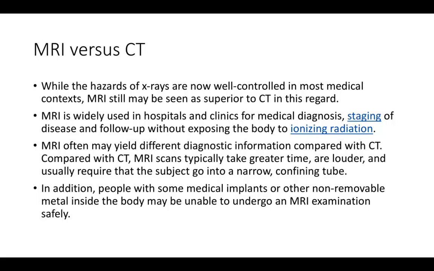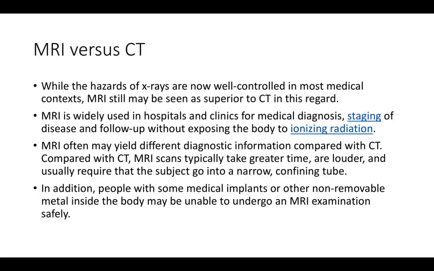So if we compare the MRI scan versus the CT scan, when you look at the X-ray radiation from a CT, a lot of that now has been minimized and pretty well controlled. But as far as MRI, there's no ionizing radiation. So definitely MRI is advantageous over CT in that regard. It's also widely used in hospitals and clinics for medical diagnosis, staging of the disease, and follow-up.